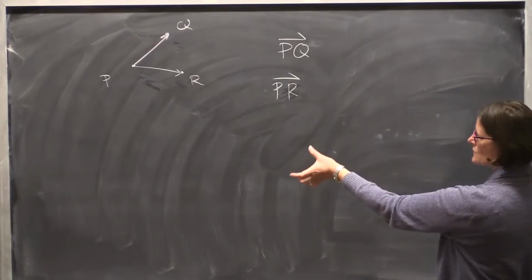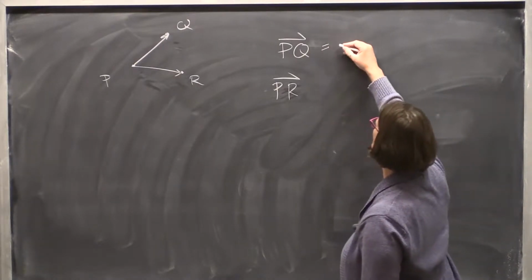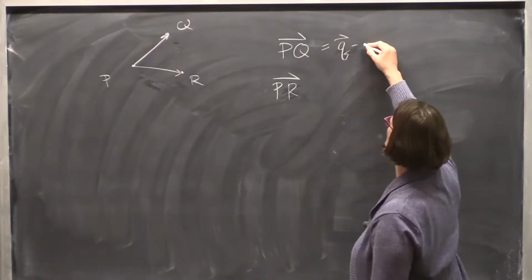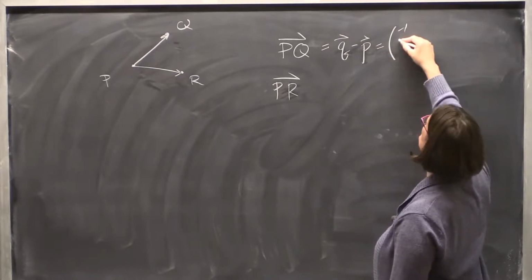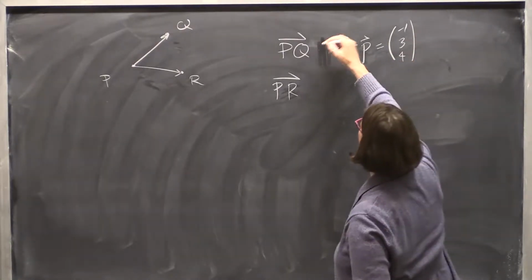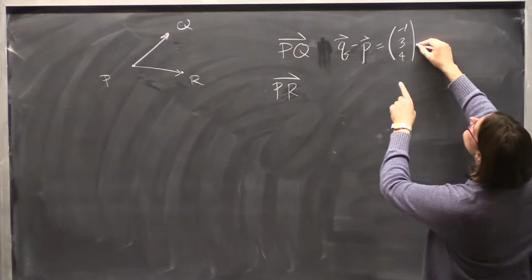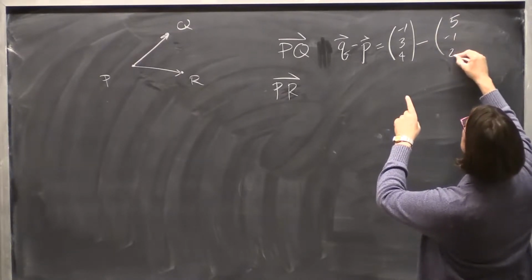If I were to try and find the vectors that are parallel to them, that would be the vector Q minus the vector P, which is -5, -1, 2.